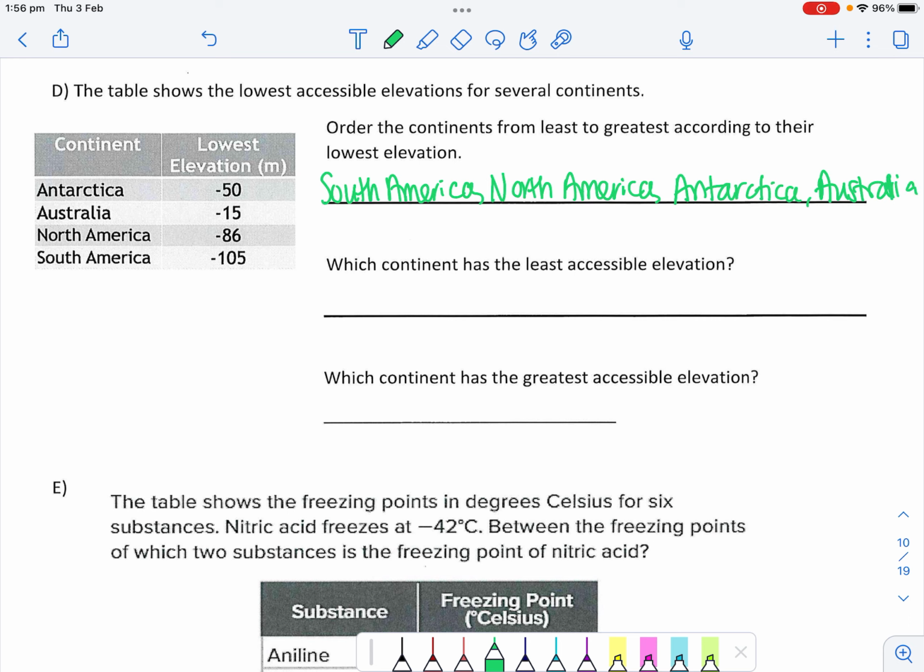Because negative 105 would be first, it's the furthest to the left, negative 86 would be next, then negative 50, then negative 15. The least accessible elevation is going to be South America. And the greatest is going to be Australia because it's closest to sea level.